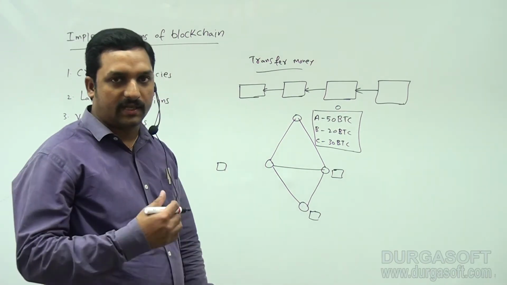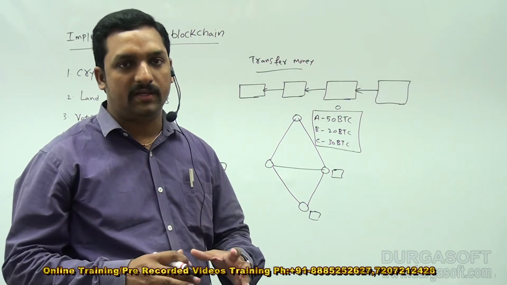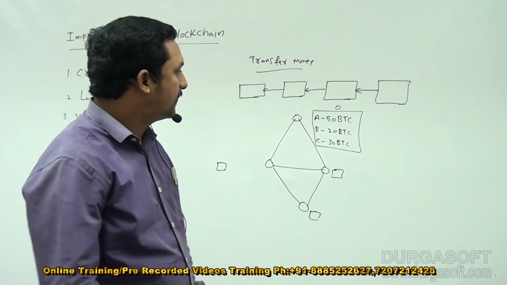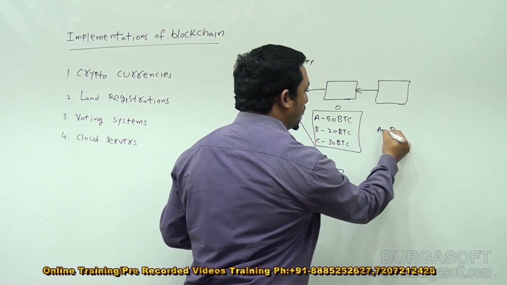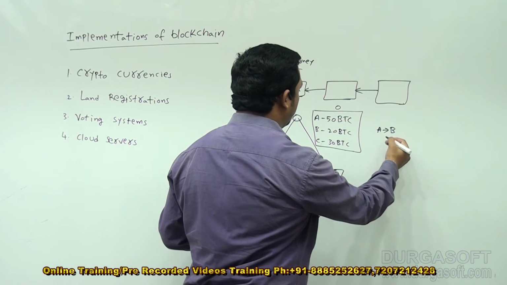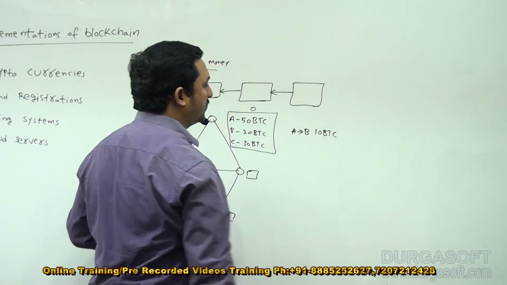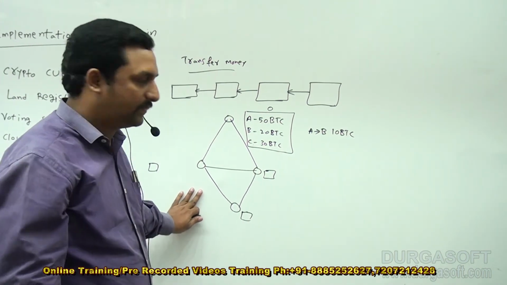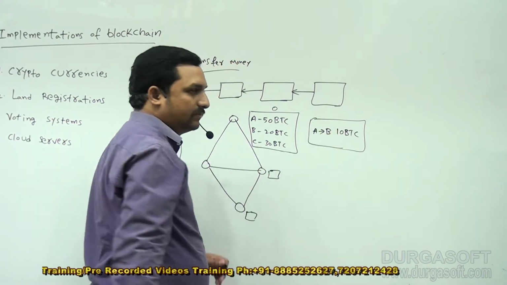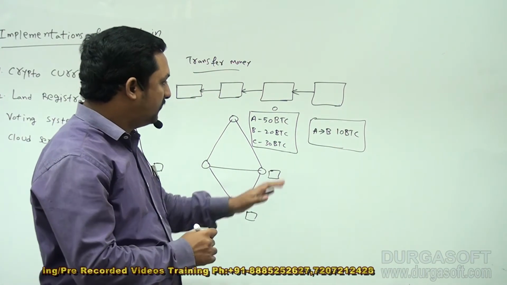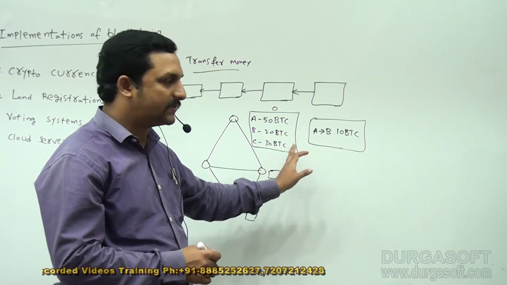Now later, after just 10 minutes, person A wants to transfer 10 bitcoins to B. So A has transferred 10 bitcoins to whom? B. That will be stored in another block. This is the first and this is the second. So this will be the first block, this will be the second block.